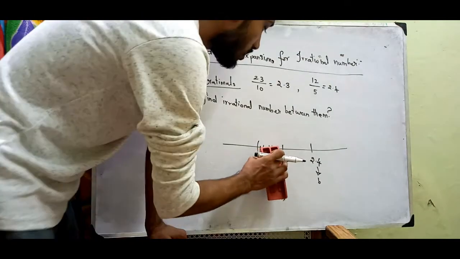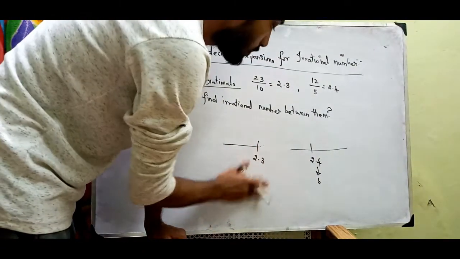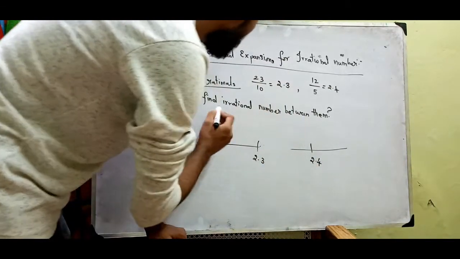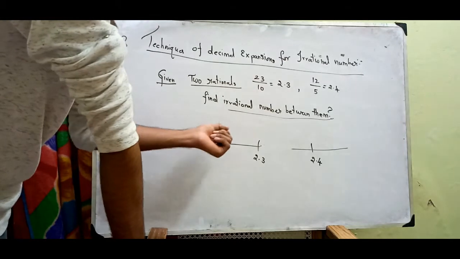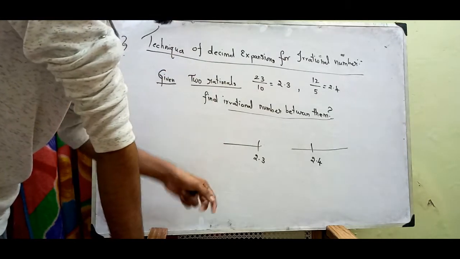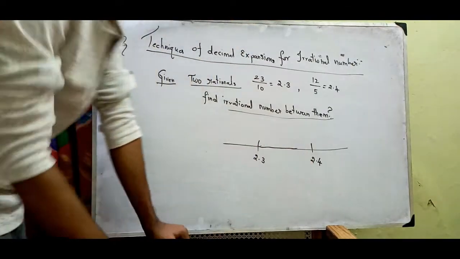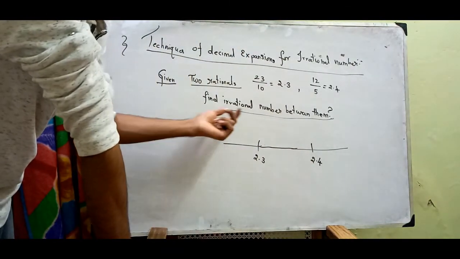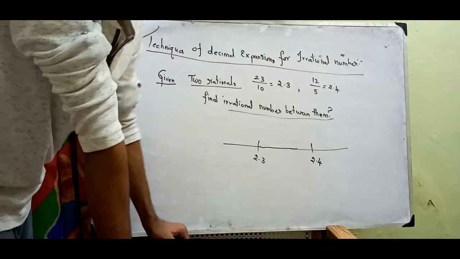Now what we need to find here is an irrational number between them. We know that between two rational numbers, to find a rational number we use the formula (A plus B) by 2. But what if he asks to find irrational numbers between 2.3 and 2.4?